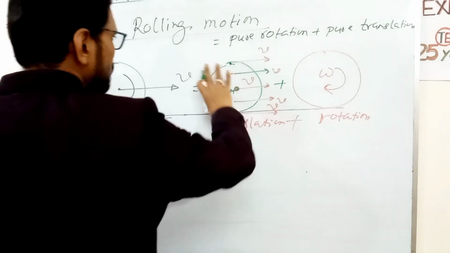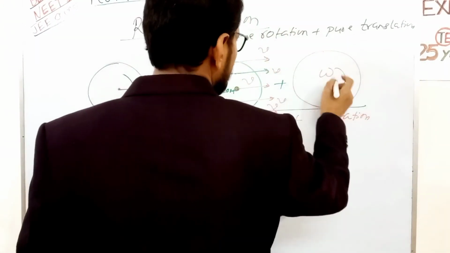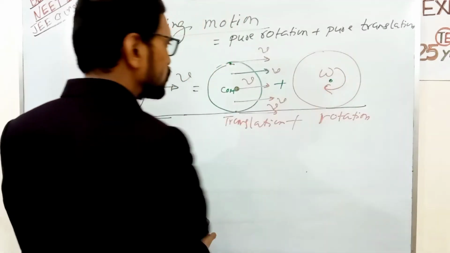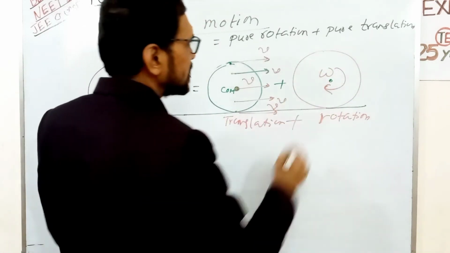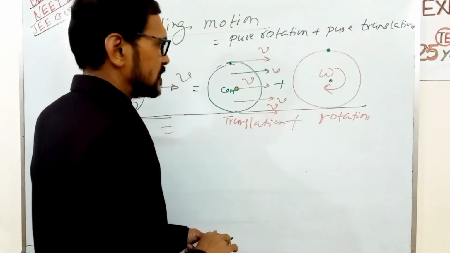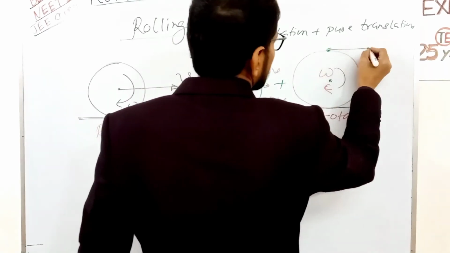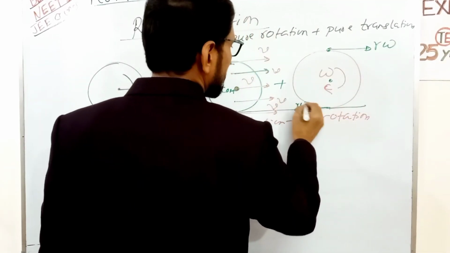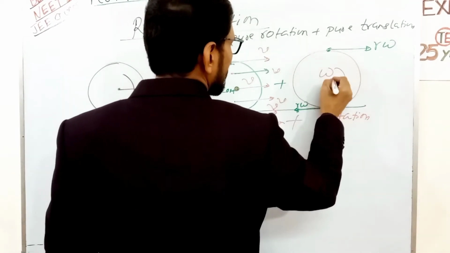Due to rotation, the velocity of the center of mass is 0, and the body rotates in this way. So due to rotation an extra tangential linear velocity is produced. This point moves with velocity r omega, and this particle moves with velocity 0.